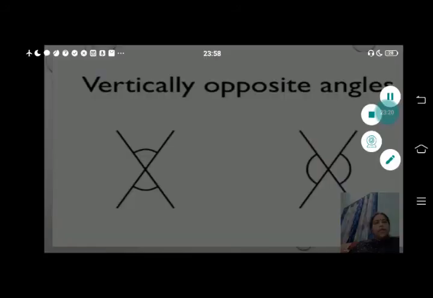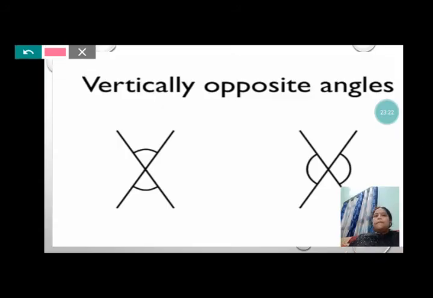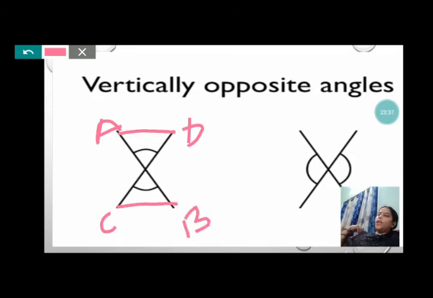So let us draw that figure and see, here A, D and C, B. Which are the vertically opposite angles over here? AOD and COB are the vertically opposite angles in figure A.